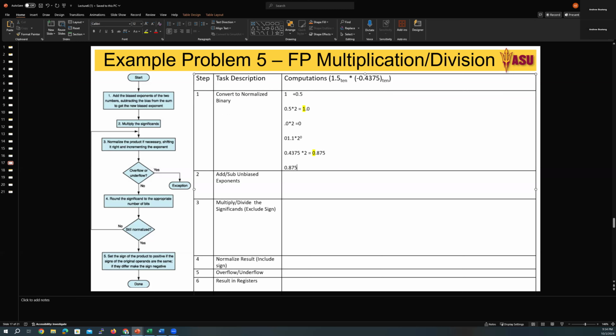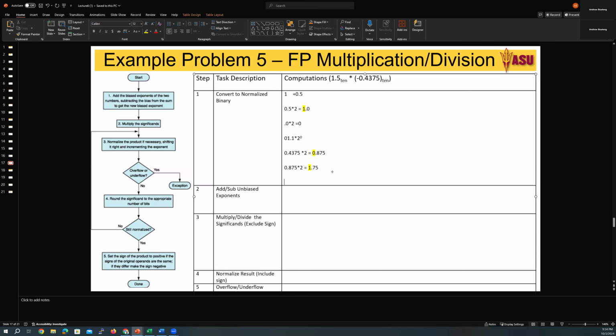We multiply it by 2, which gives us 1.75. Now we get to keep this 1 as part of our binary. We're going to do 0.75 times 2, which gives us 1.5. So we get to keep the 1 as part of our binary.